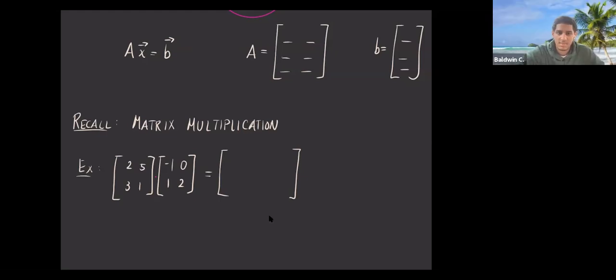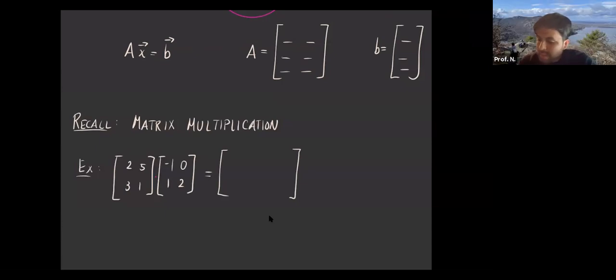Was it like 2 times -1, 2 times 1, and then plus 3 times 0, 3 times 2? Well, remember, it's kind of like this. You get row 1, you get column 1. You get the first row of the first matrix multiplied by the first column of the second matrix, and then you do what's called a dot product.